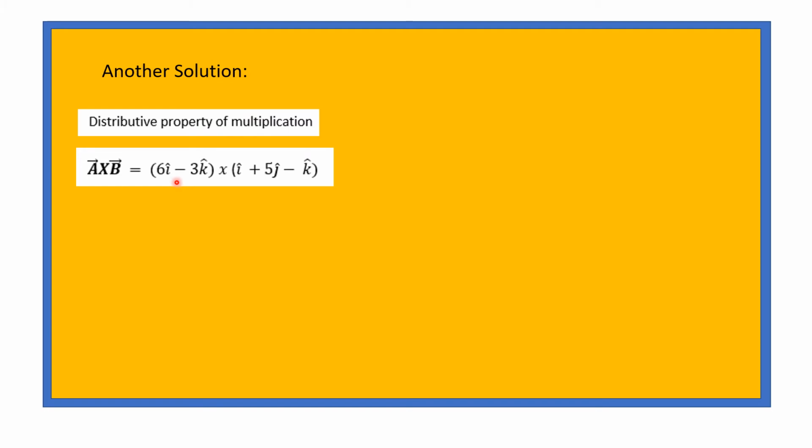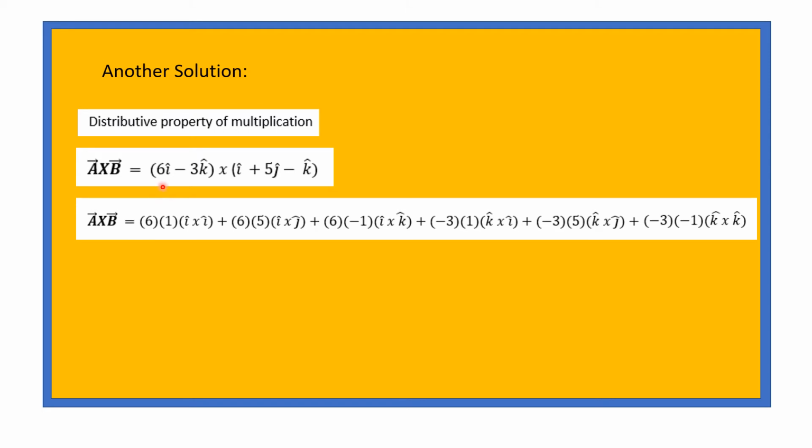When we multiply, we begin with number 6. We have 6 times 1, and then i hat cross i hat.